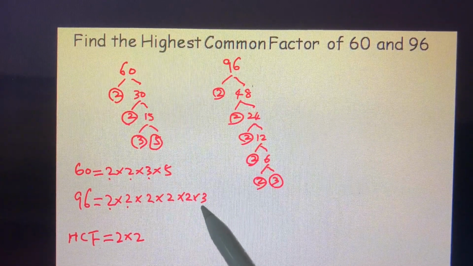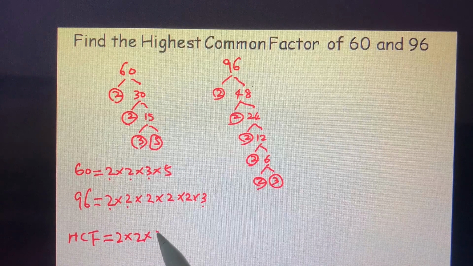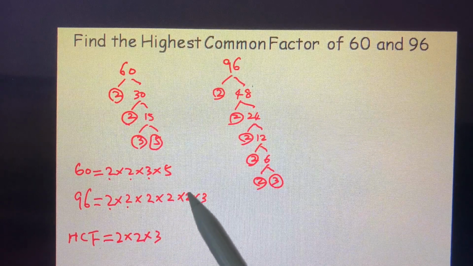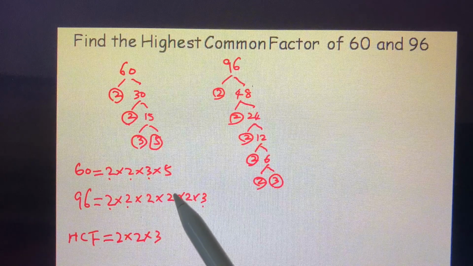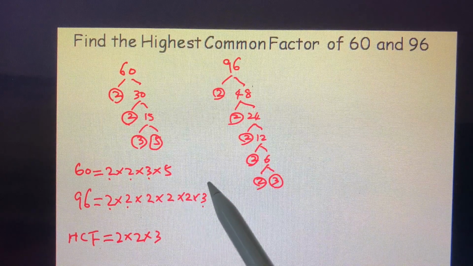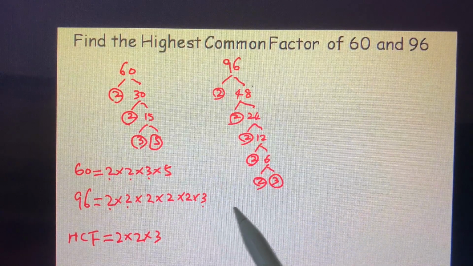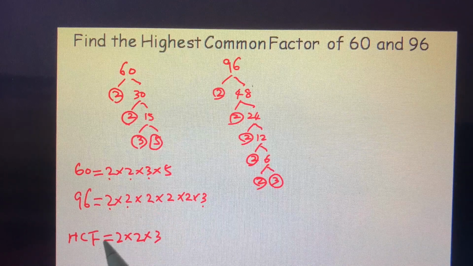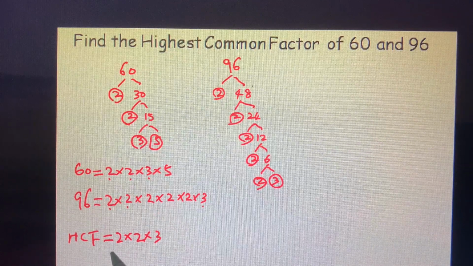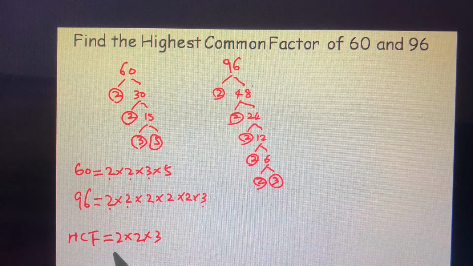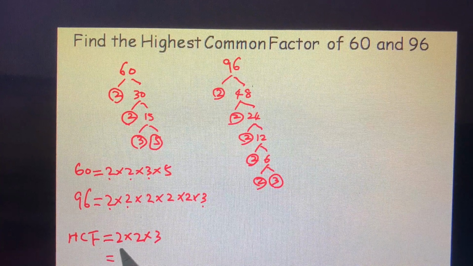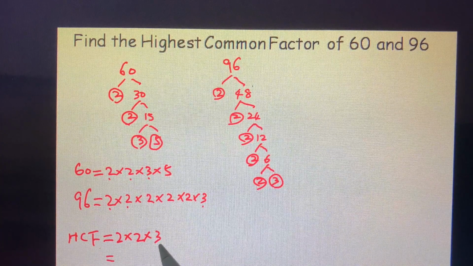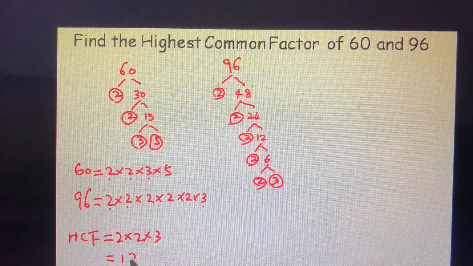Here the 3. Can't write, no more 3's, because there is no 3. Here, no 5, because underline no 5. So the highest common factor of 60 and 96 is 2 times 2 is 4, 4 times 3 is 12.